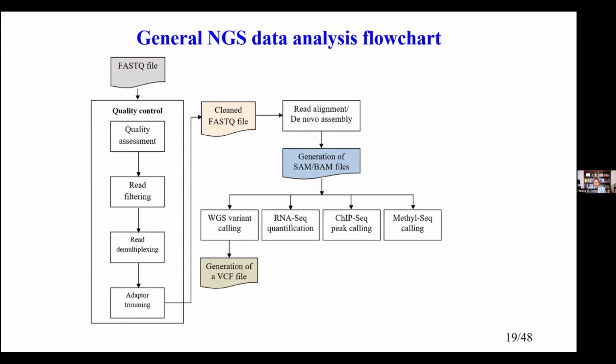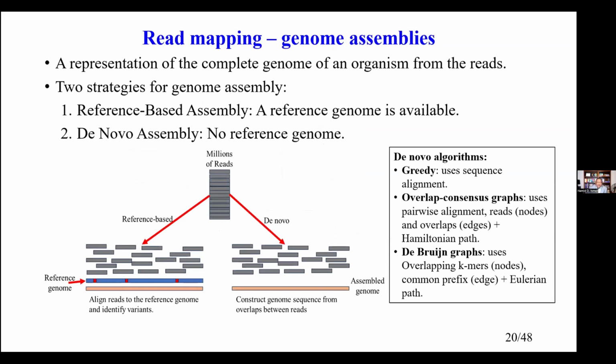In the case of ChIP-seq, we are measuring the peaks, and the idea is to identify, for example, the binding sites of transcription factors and so on. Each one of these pipelines, by the way, takes a lot of coding.